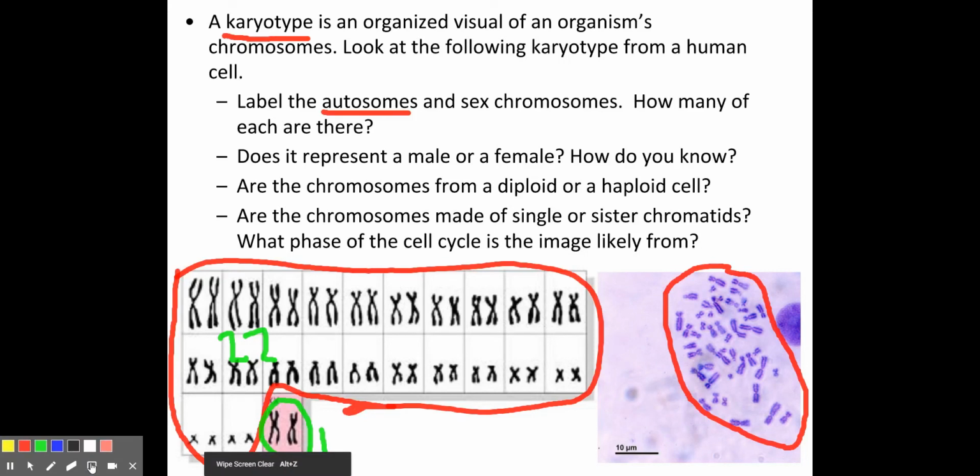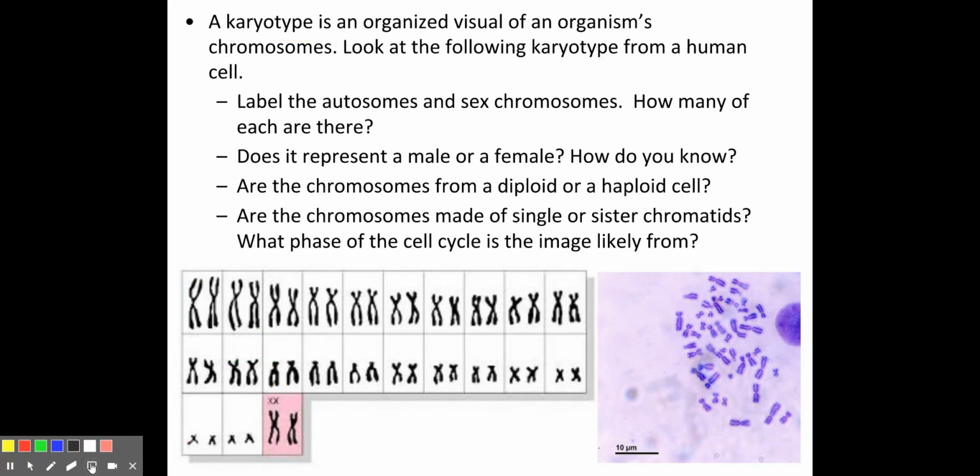In this particular karyotype, it represents a human cell, and this one is showing a female. Okay, so you're going to know it's a female because you have 2 X chromosomes. And when there are 2 X chromosomes, they are true homologs. They're the same size, same banding patterns under the microscope, etc. If it was a male, you would not have a true homologous pair.